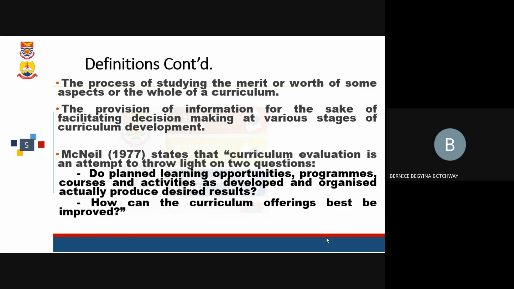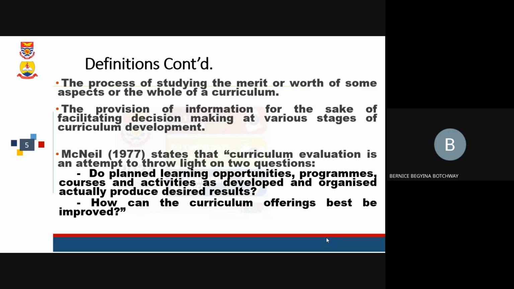So at every stage of the curriculum development process, it's not just at the end of the curriculum implementation. It can be when they are developing the curriculum, the implementation stage, and also the outcome stage too.